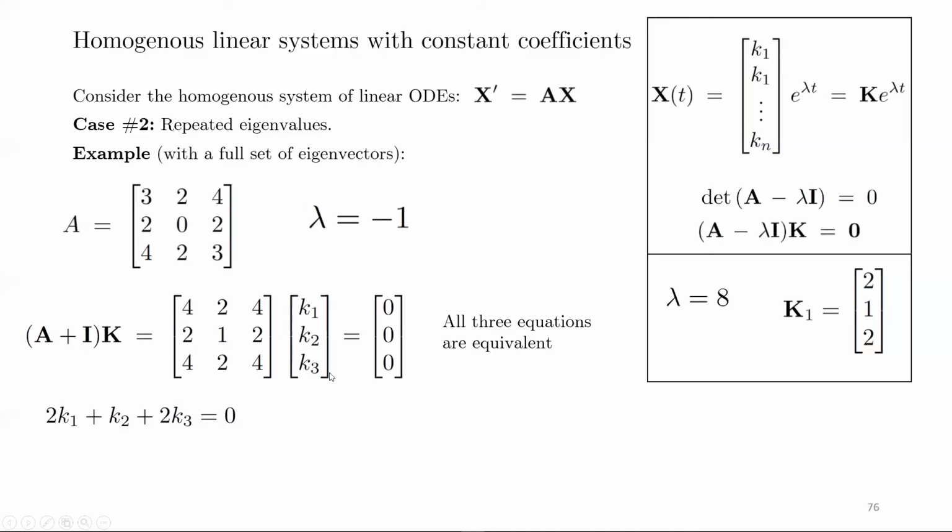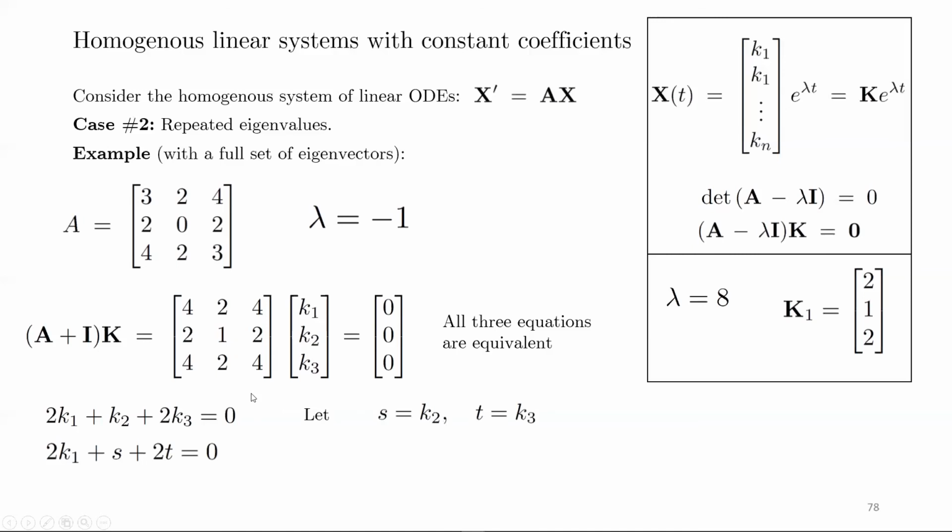So I'm going to define two new variables, s and t, and let s equal k2 and t equal k3. If I substitute s and t into this equation, I get 2 times k1 plus s plus 2t equals 0.